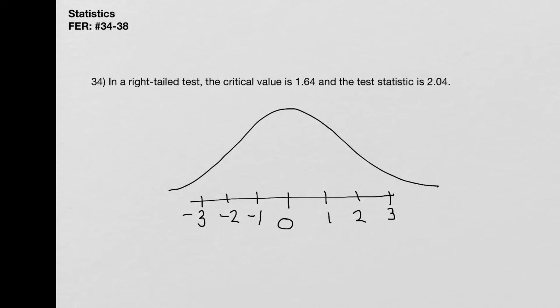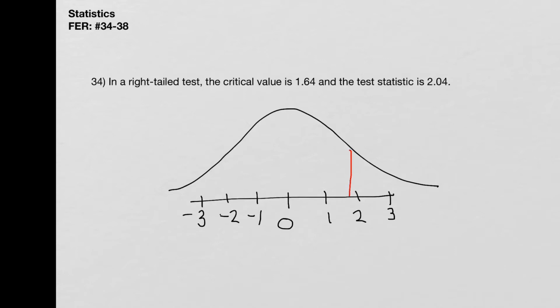So my rejection region is going to be defined by this critical value, 1.64. So I'm going to locate that critical value. So 1.64, that's going to be between 1 and 2.